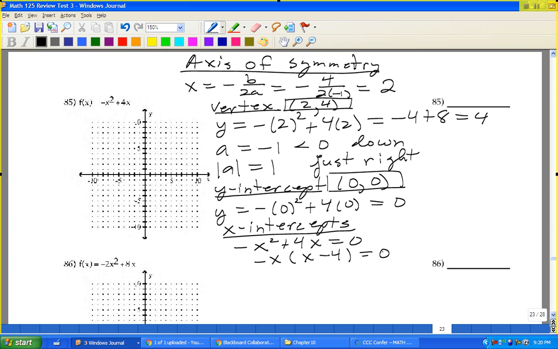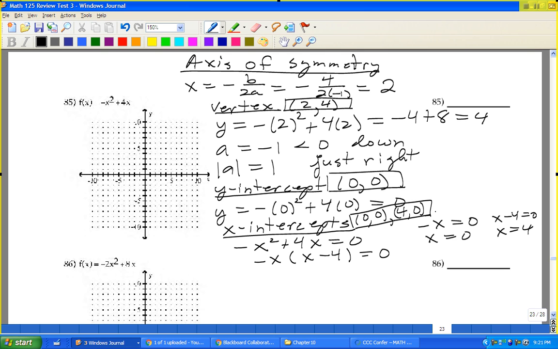Set each factor to 0. So negative x equals 0. So that says x is 0. Or x minus 4 is 0. So x is equal to 4. So I have two roots, two x-intercepts at the origin, which we already knew, and at (4, 0).